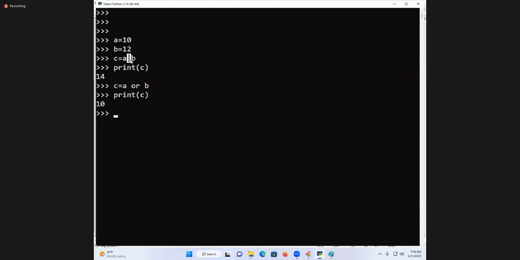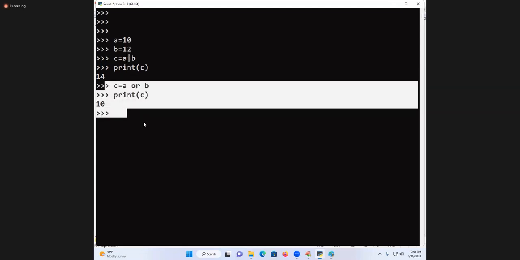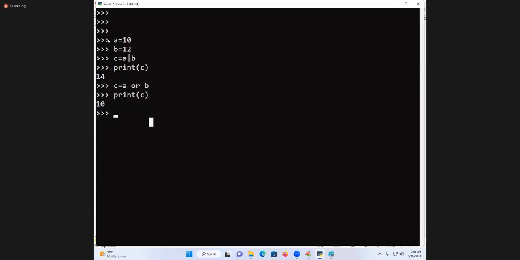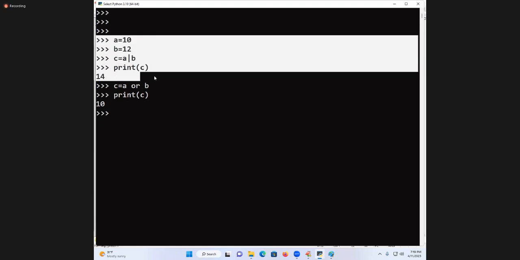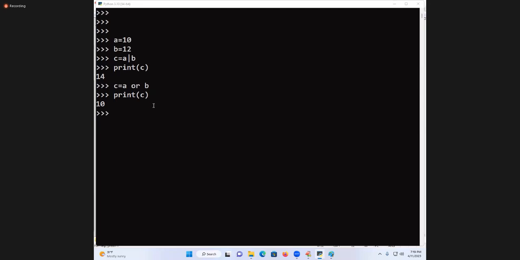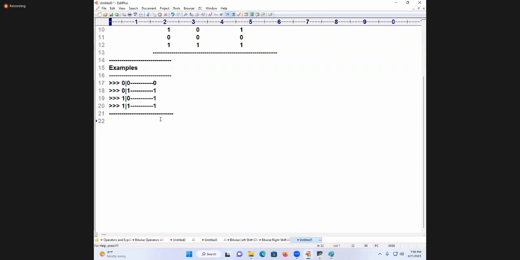They are completely different. If anybody says same, show this difference. Getting my point? Be careful, students. Their OR is different from logical OR. Logical OR is not the same as bitwise OR. I hope you got it.